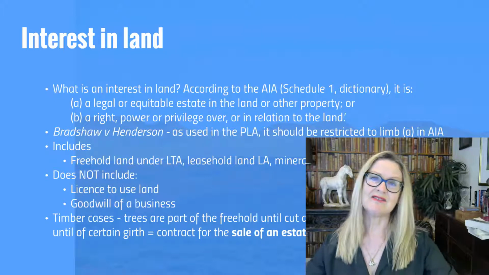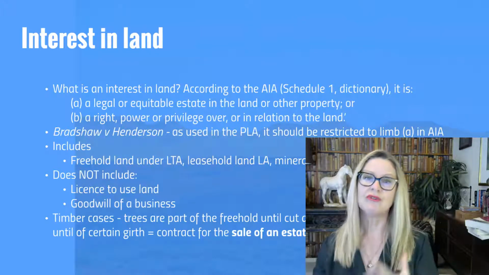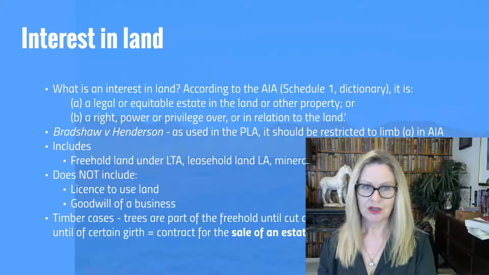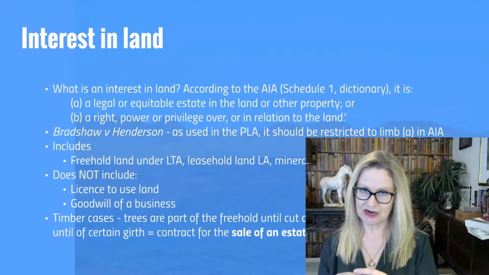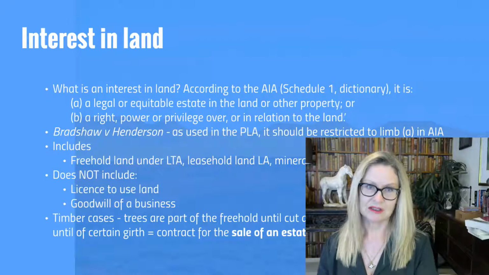It doesn't extend out to things like a right, power or privilege in relation to the land. So a little bit of narrowing there, but generally speaking, land will be fairly broadly interpreted.